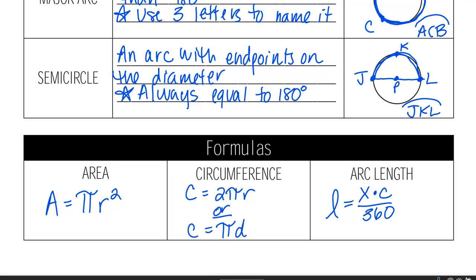And in this, X is our measure, and C is our circumference. So you'll have the measure of your arc, the degree measure, and then C would be either, if you're given the radius, it would be 2 pi r, or if you were given the diameter, it would be pi times the diameter. But we're going to talk about those equations in greater detail in the next videos.